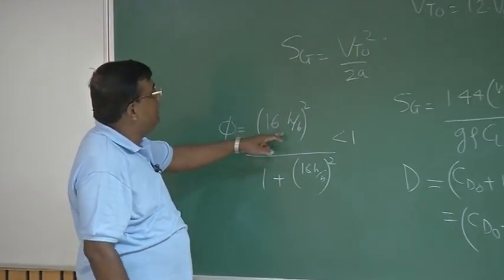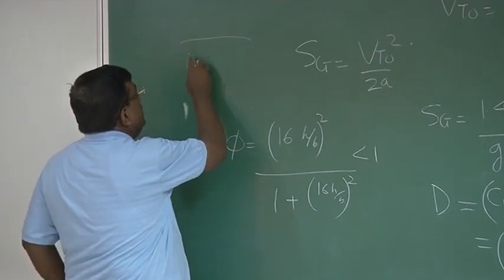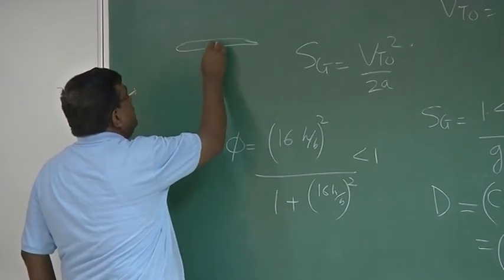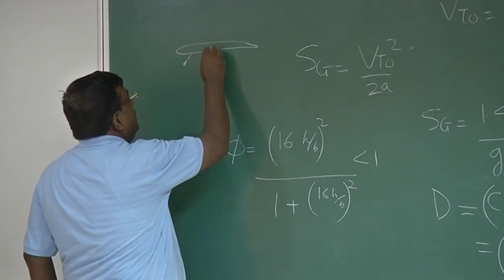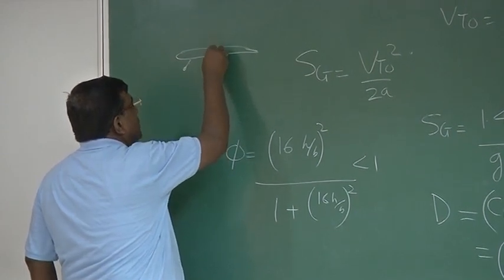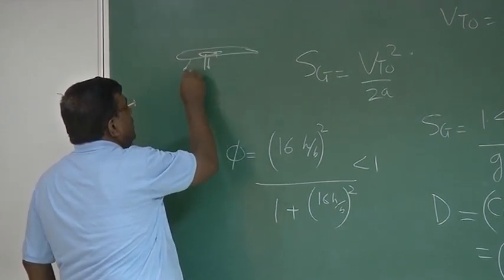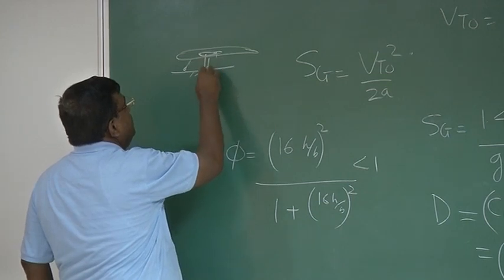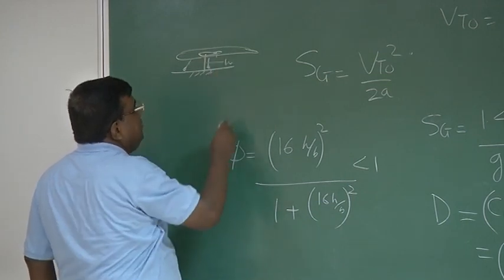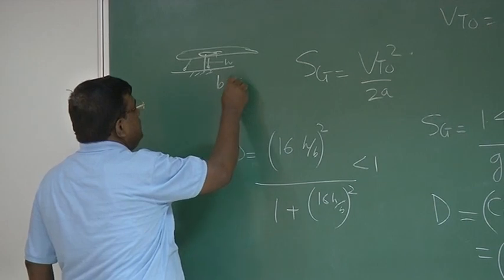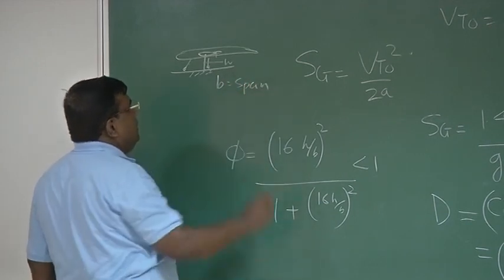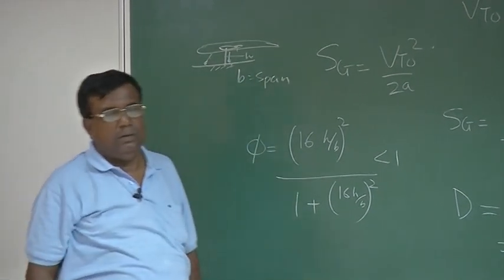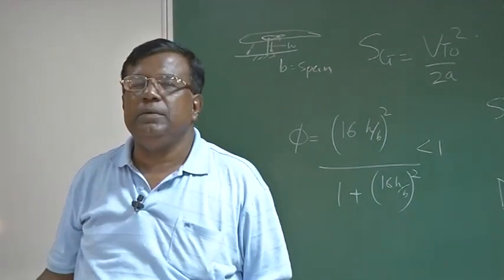What is h? h is the distance of the wing from the ground. This is the h, and b is the span. b, you know, is the span, right? If it has flown 2 to 3 times the span vertically, then ground effect should not be taken at all.